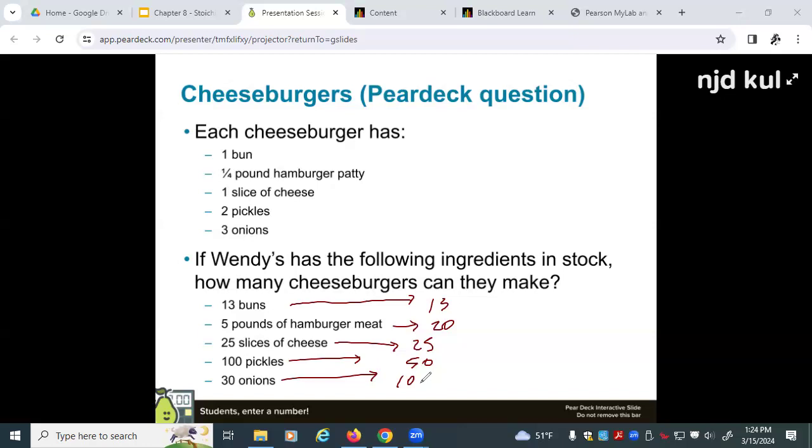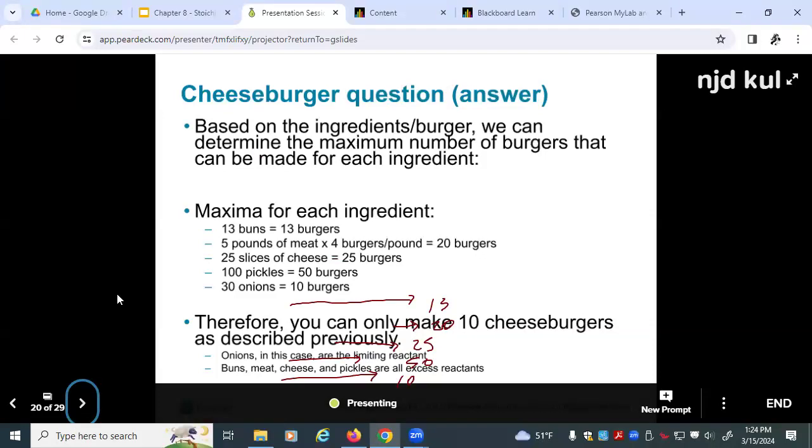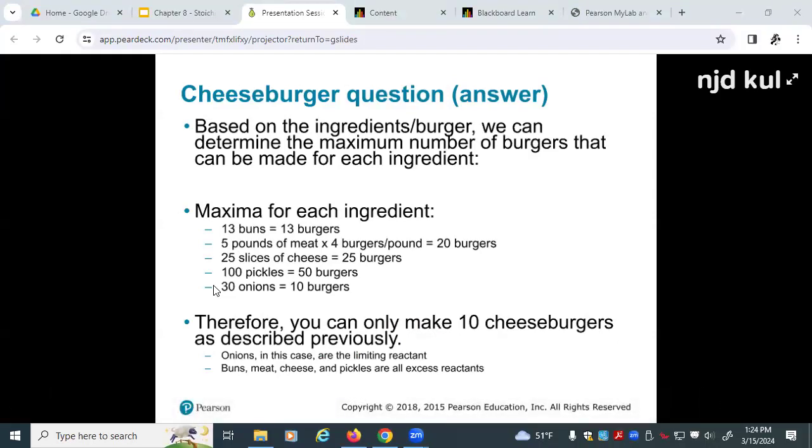The point of this exercise is that is the exact recipe, and after the 10th burger, we can no longer follow that recipe. So under this arrangement, we can make 10 cheeseburgers.